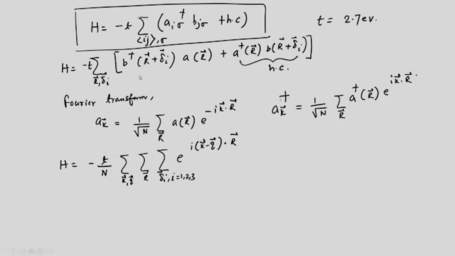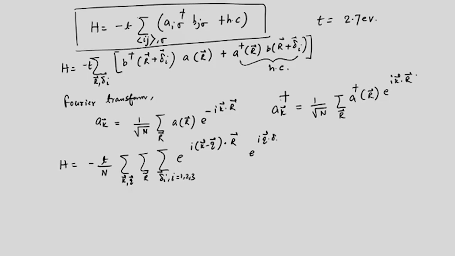Okay. And these are column vectors, each of these vectors A and B. Because they are column vectors, when you write them you have to use different notations, otherwise it will mean that you are using only the like terms, like A1, B1, A2, B2 and so on, because they are not simply algebraic quantities, they involve a column vector. Okay. So, the first term is that, and then exponential i q dot delta i, and then b q dagger a k.